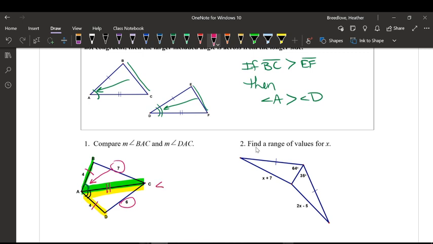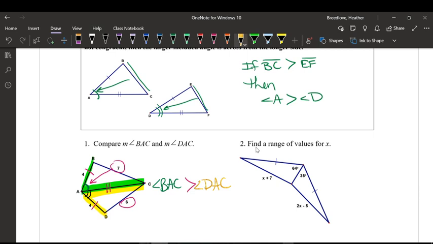So that means angle BAC must be greater than angle DAC, because the 7 is greater than the 6.